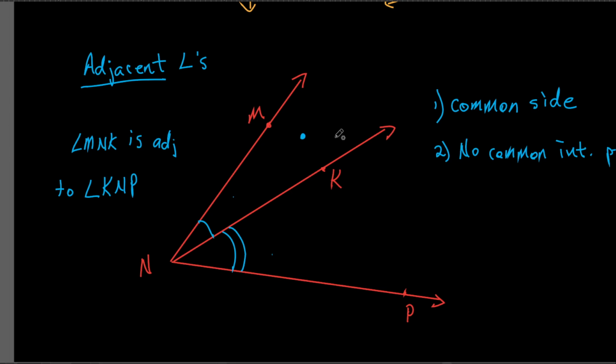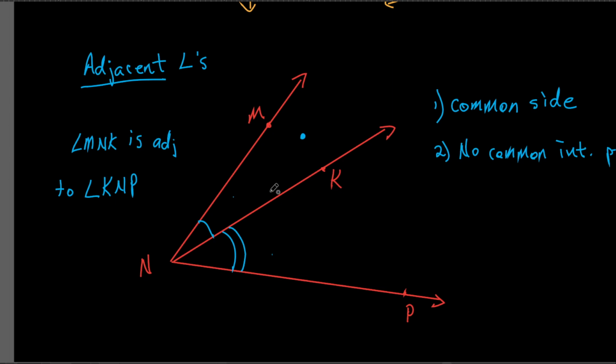But there might be a question like this. They might say yes or no, or true or false, that angle MNP, do you see MNP? It's that whole big angle. And look at MNK. Are MNP and MNK adjacent to each other?